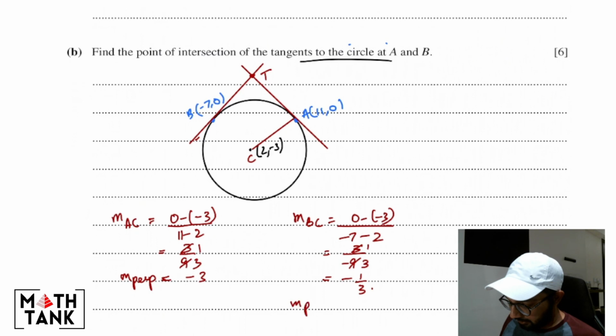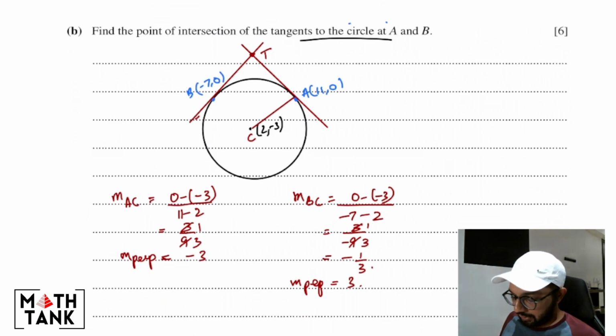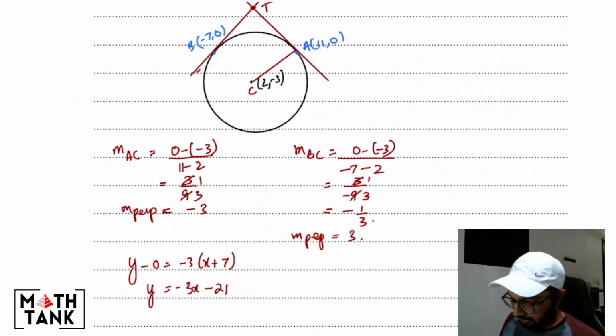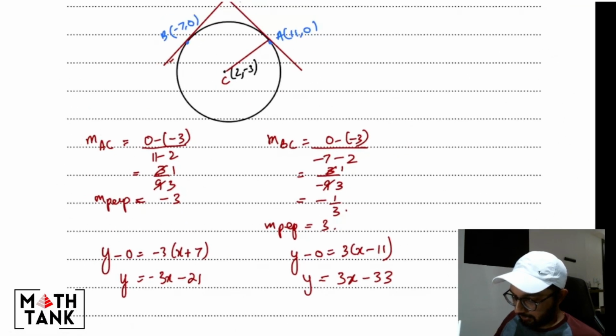So perpendicular is 3. So one has the gradient 3, the other has the gradient minus 3. I'm going to create the equations y minus y1 equals m times (x minus x1): y equals minus 3x minus 21, and y equals 3x minus 33. Let's see where they intersect.